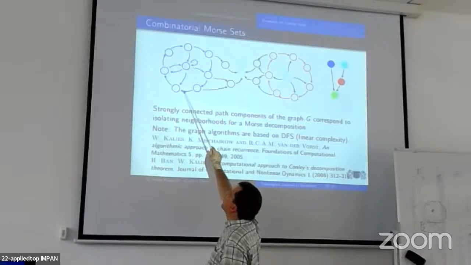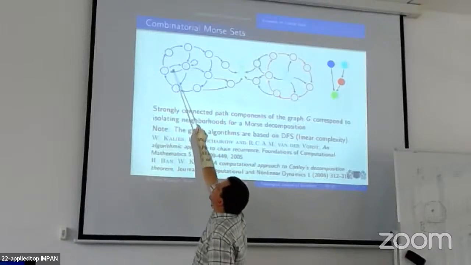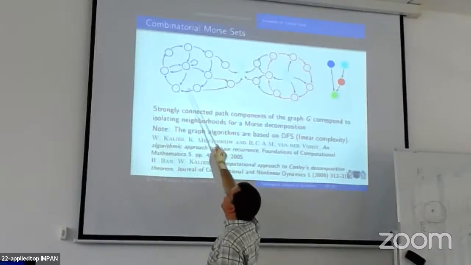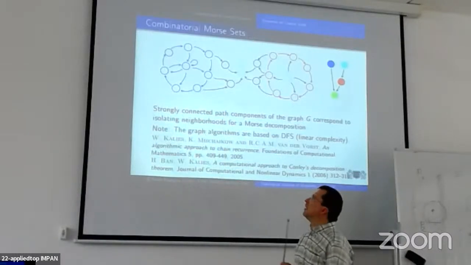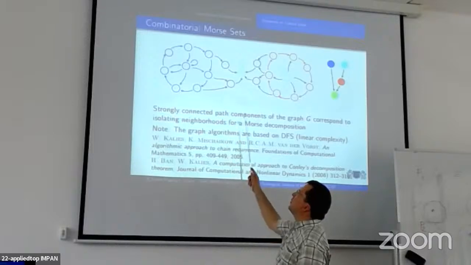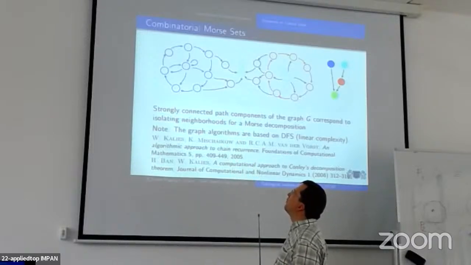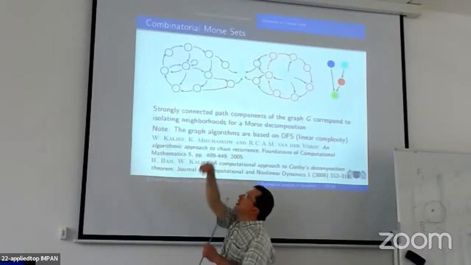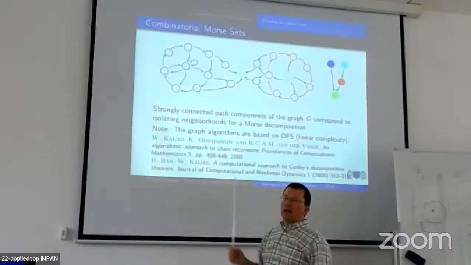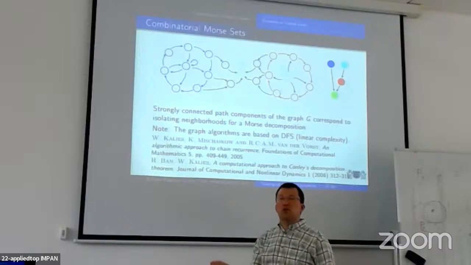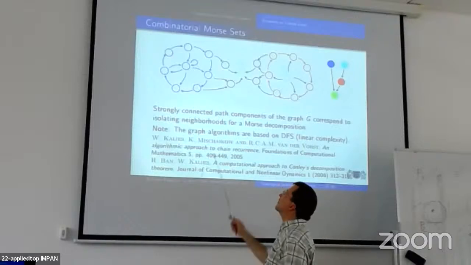So we have a path here and another path, for example, here. So these two are in the same strongly connected path component. Typically, people compute strongly connected components without this word path, but we have components with at least one edge so that these components correspond to some dynamics.